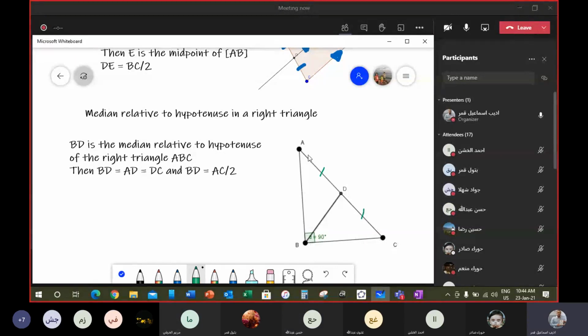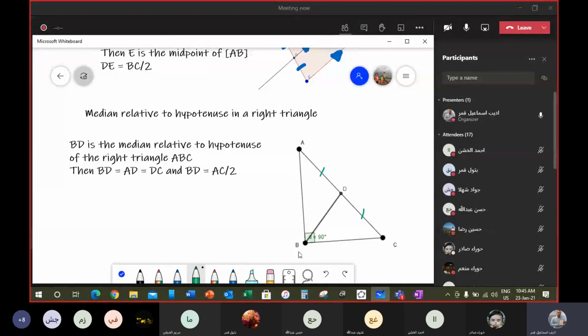AB and BC. Legs. AB and BC are the legs. So in a right triangle we have one angle equal to 90 degrees. The side opposite to the right angle is called the hypotenuse, which is AC here. And the sides of the right angle, AB and BC, are called the legs.